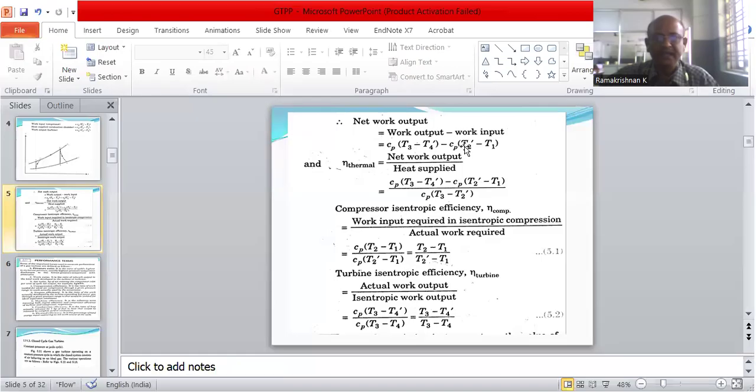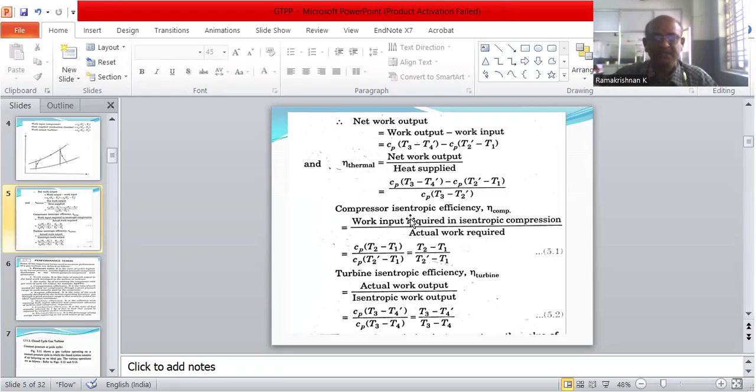We have written the net work output, divided by the heat supplied in the combustor, Cp into (T3 minus T2). Now the next two formulas deal with the isentropic efficiency of the compression and expansion. As far as compression is concerned, the isentropic efficiency is defined as the ratio of the isentropic work input to the actual work required.